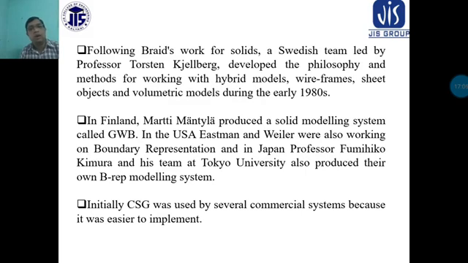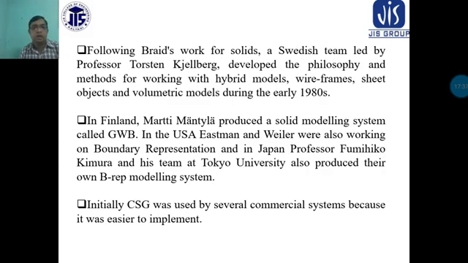When you draw different objects in CAD, the sheet or page setup is also required. Similarly, the sheet is considered for printing, and the sheet objects and volumetric models were prepared during the early 1980s.